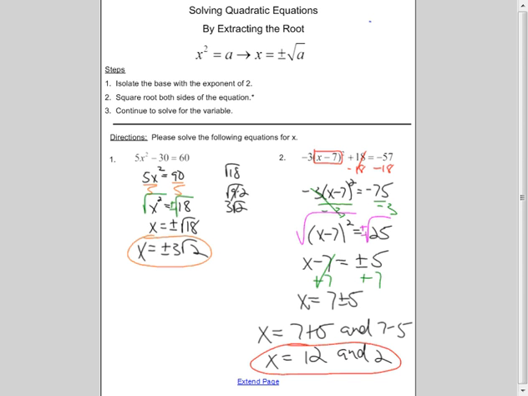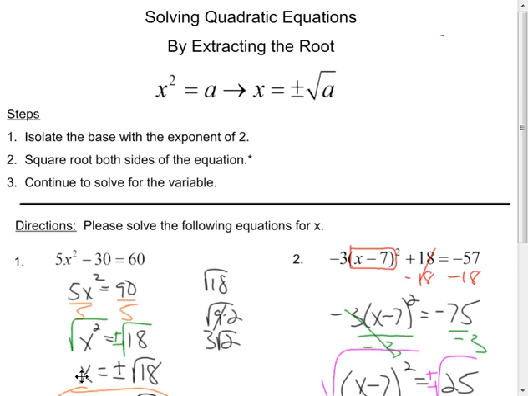Okay, so that being said, that is how we extract the root or work backwards with square root. It's different than the other methods for solving for quadratics. And how is it that we know that we're able to do that? Well, just a little tidbit about that right now. If we look at the original problems that I've highlighted, we see both of them have something in common.